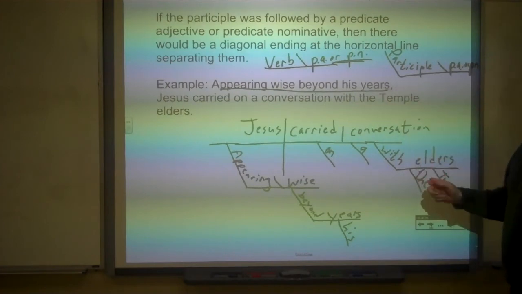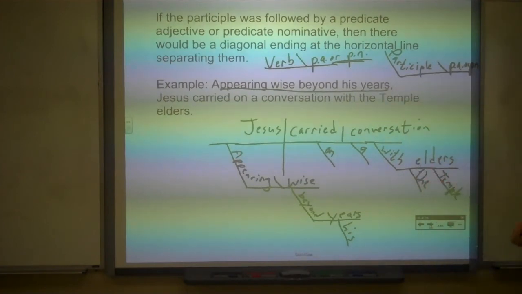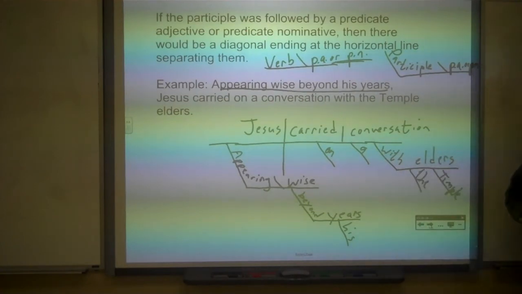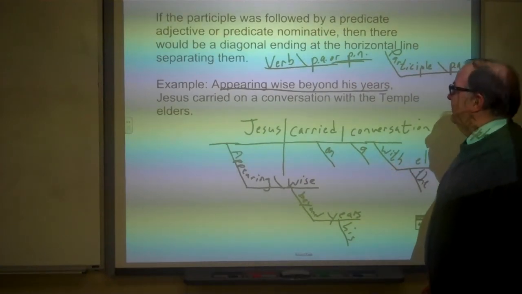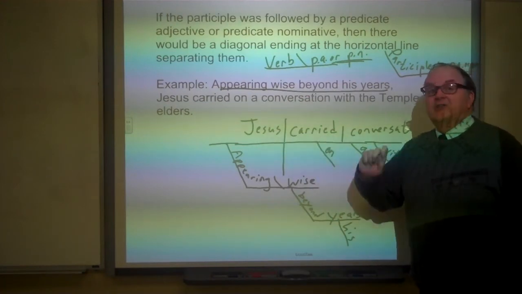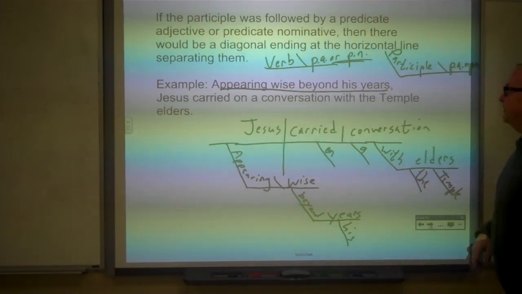Appearing wise beyond his years, Jesus carried on a conversation with the temple elders. "Appearing wise beyond his years" is a participial phrase modifying Jesus. So here we have the diagram. The verb is carried. Jesus is the one doing the carrying.